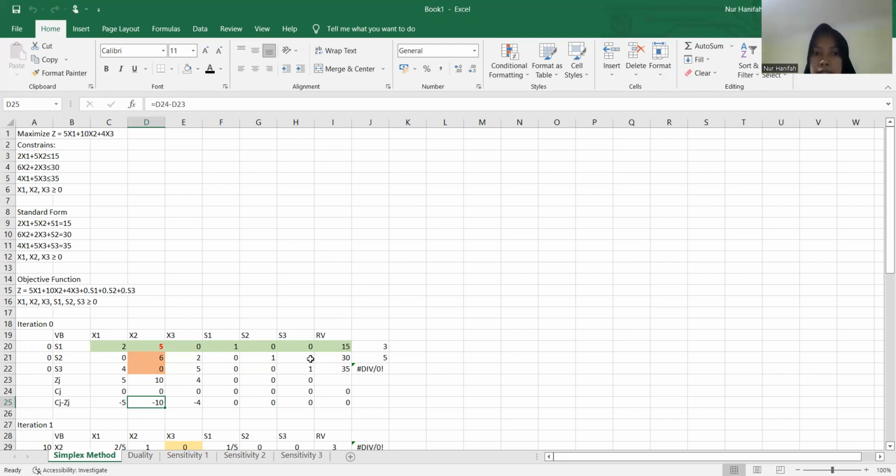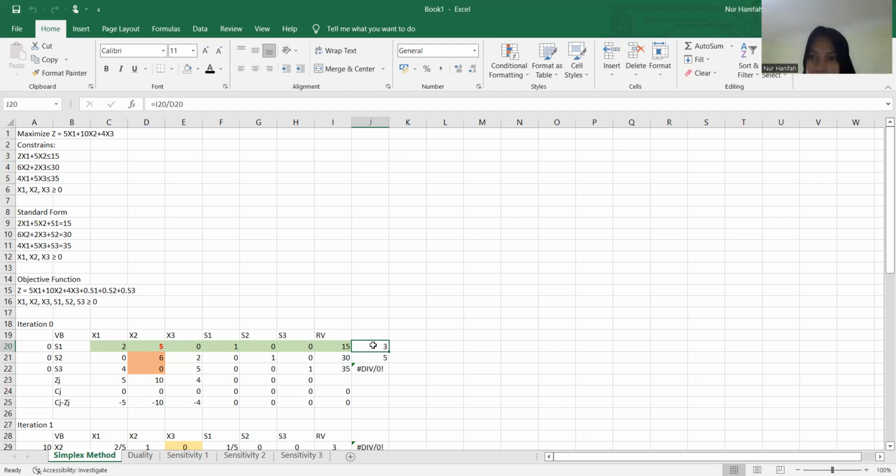And then for the key row, we determine it by the index, which is equal to the right value divided by the value of the key column. 15 divided by 5 equals 3. 30 divided by 6 equals 5. 35 divided by 0 is undefined. Okay. And then we choose the smallest value of this index.